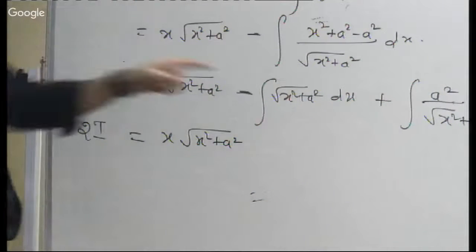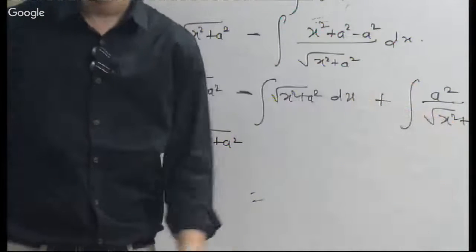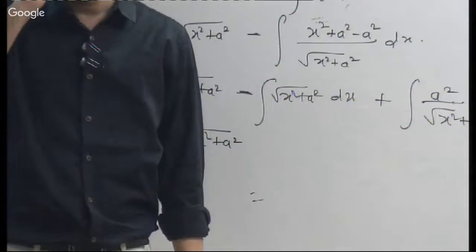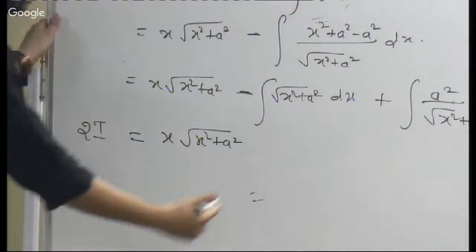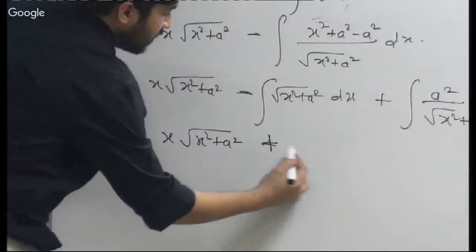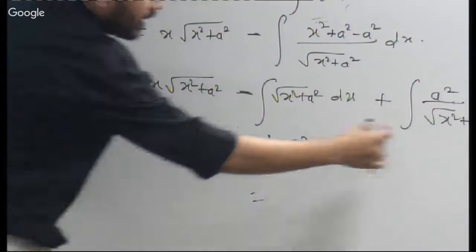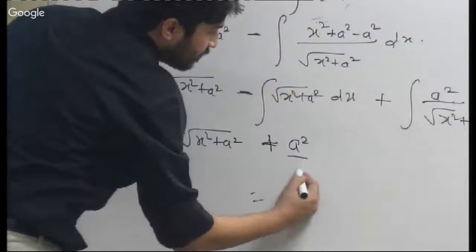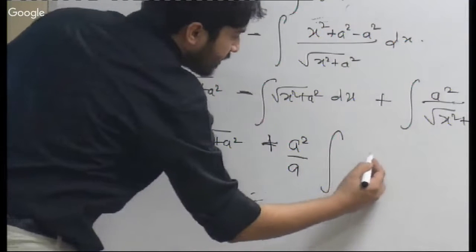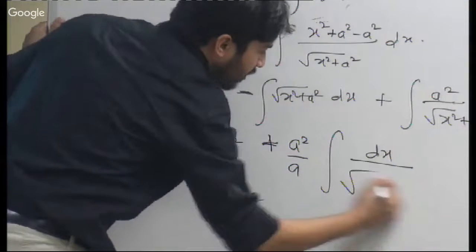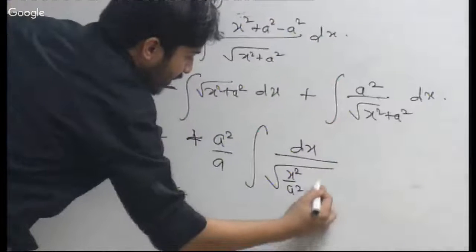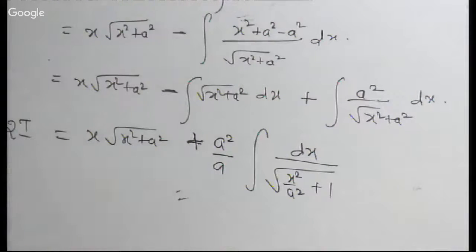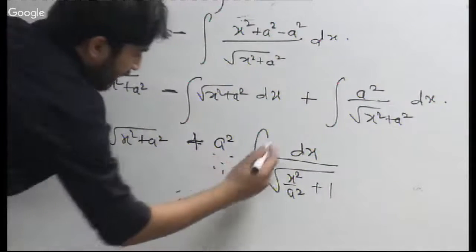What was the formula which we derived? Forgot? No problem. I'm going to put a square out and take a out, and I'm going to say dx upon under root x square by a square plus 1. I'm going to take 1 by a here.